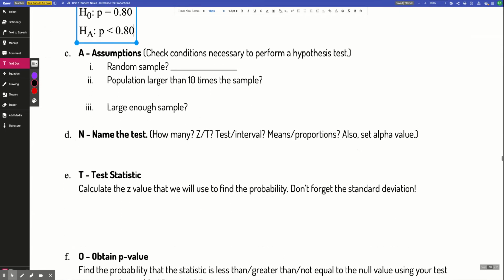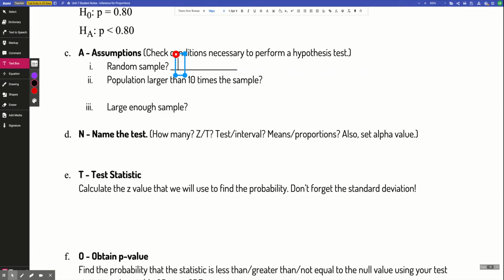All right, step 3 is A. A stands for assumptions. Okay, so it's the 3 assumptions that you've been checking all throughout this unit and in the last unit. Okay, so the first is, is this a random sample?